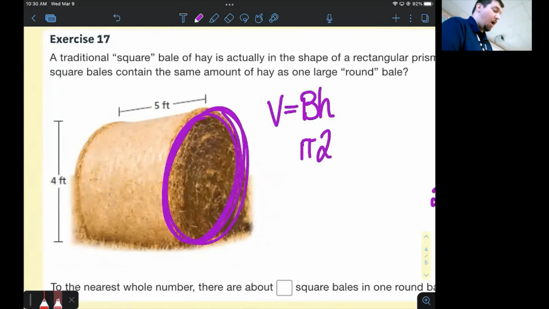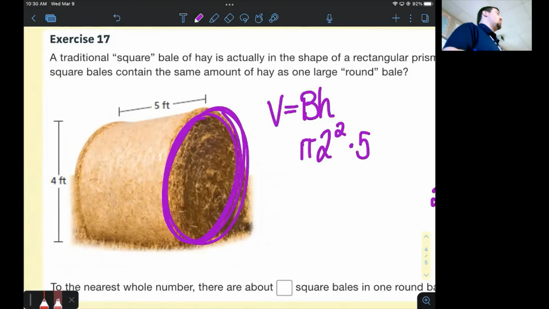So pi r squared times h. What's the distance between the front circle and the back circle? 5. I see a lot of people put 4 here. We've already used 4. We used it when we went from diameter to radius. The height of the cylinder is not always vertical. It's probably more of a depth.